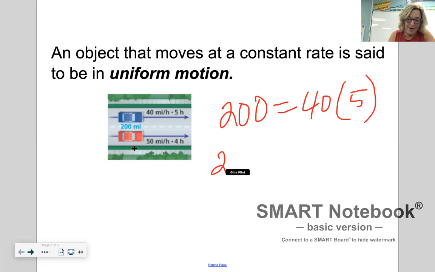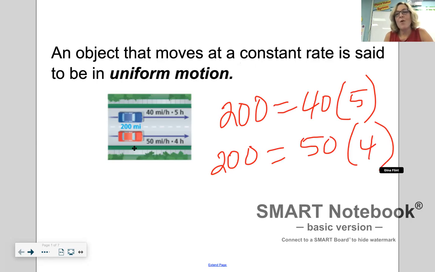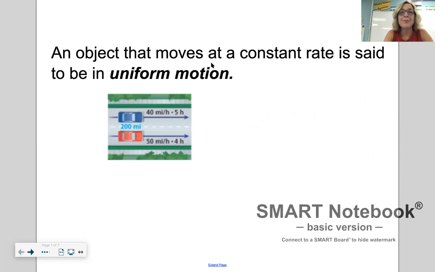Or 200 miles is the distance, the rate was 50, and the time was 4. In either case, you could travel the same distance, and obviously, the slower you go, the longer it takes, the faster you go, the quicker it is. And that's what we're looking at right now.